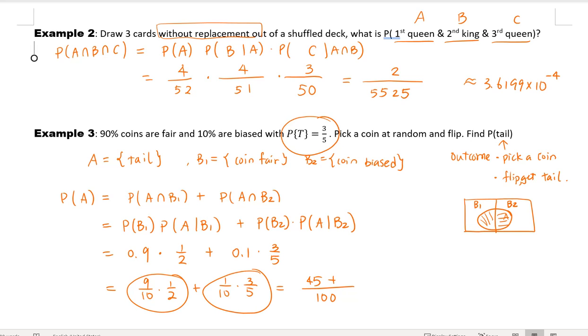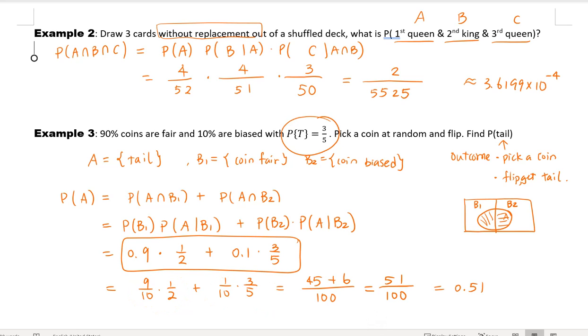Here we want to multiply by 2 in order to get the 100 in the denominator. 2 times 3 is 6. So we get 51/100, which is 0.51. You can also plug this in your calculator and you will get 0.51. So this is the probability of getting tail. So far so good, everyone?